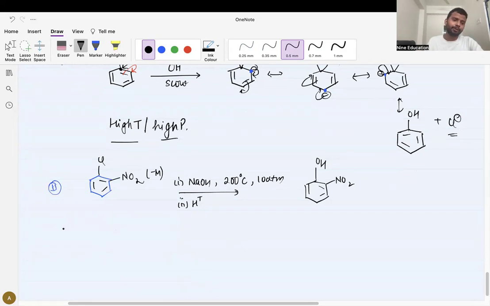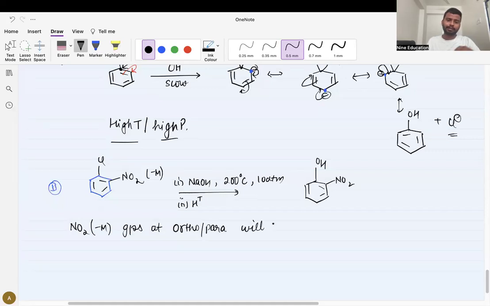NO2 or minus M groups at ortho or para will help in the Dow process. In this process, this NO2 at ortho and para will help in making our product.